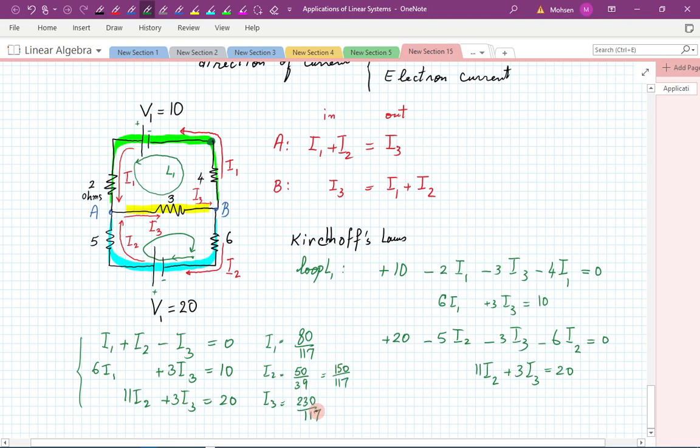Almost, this is almost 2, so this is like 2 amps. This is less than an amp. The problem is essentially done. We have found I1, I2, I3, and we have the current in each of the resistances here.